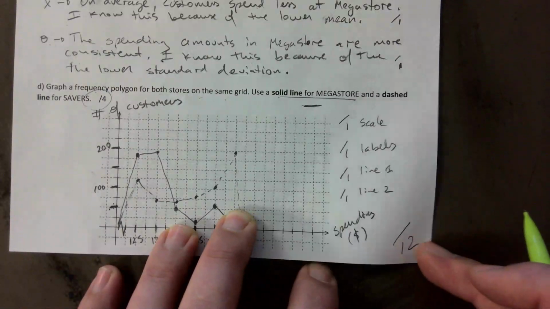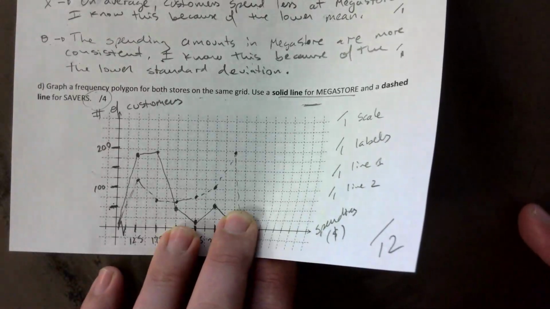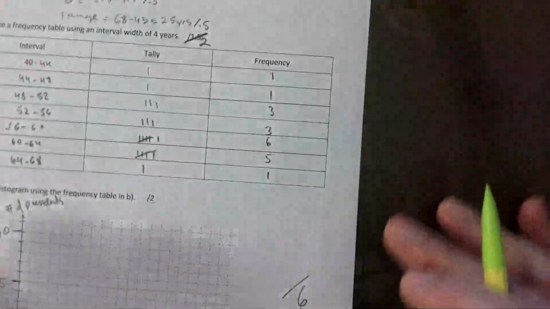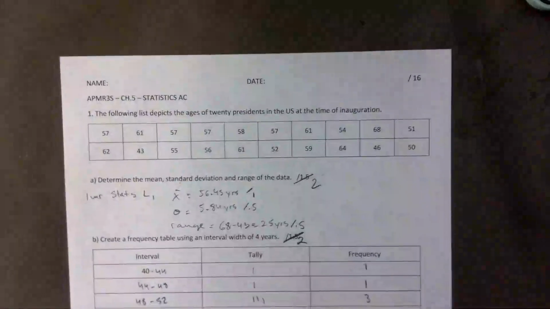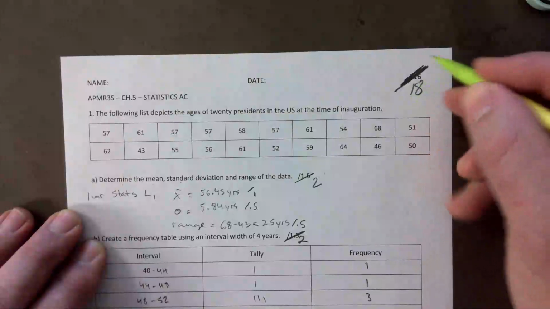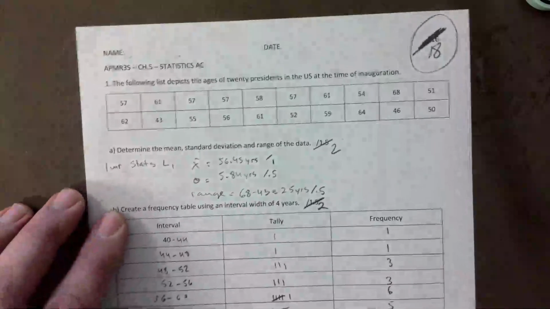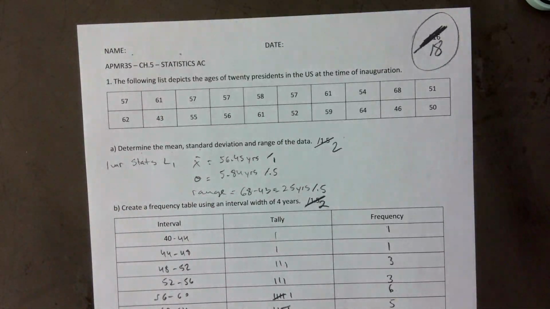So this page is worth 12. And then the front was worth 6, correct? So 12 and 6 gets us to 18. So cross out the 16 and make this out of 18. Make sure your name and last name is on there, and make sure you have some sort of mark on there. And this is what I'm going to say here.